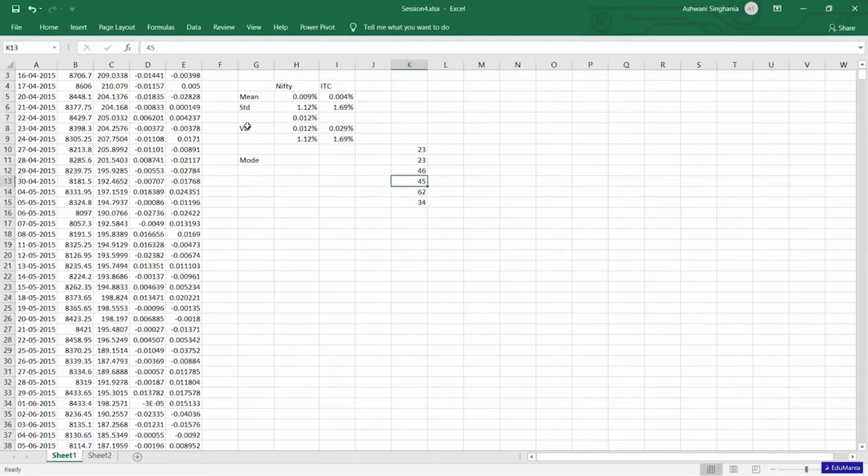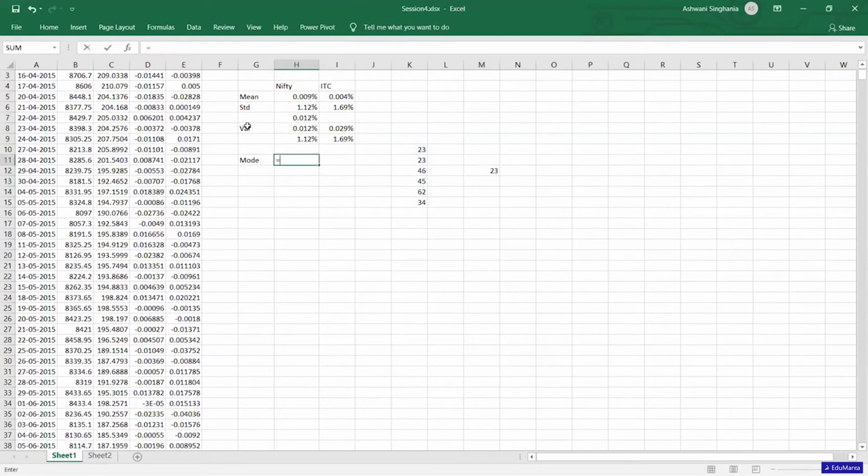If I ask you what the mode of this set of data is, mode means the number that is repeated the most, maybe more than once, it can be 2, 3, 4 times. Whichever number has the maximum repetition will be the mode. In this case, 23 appeared 2 times, so 23 is going to be the mode for this data set.